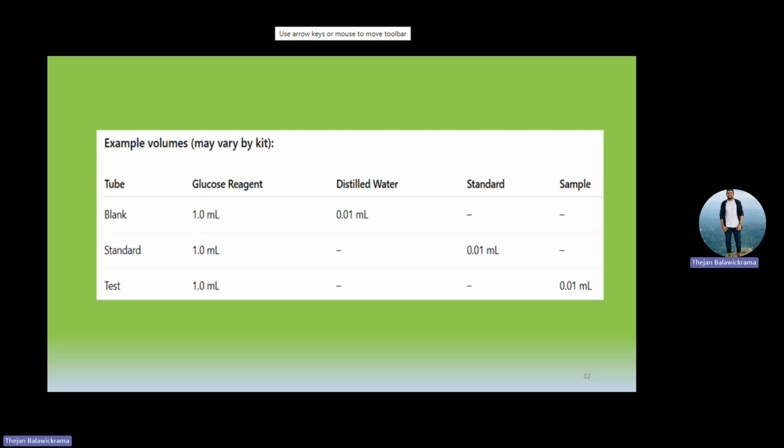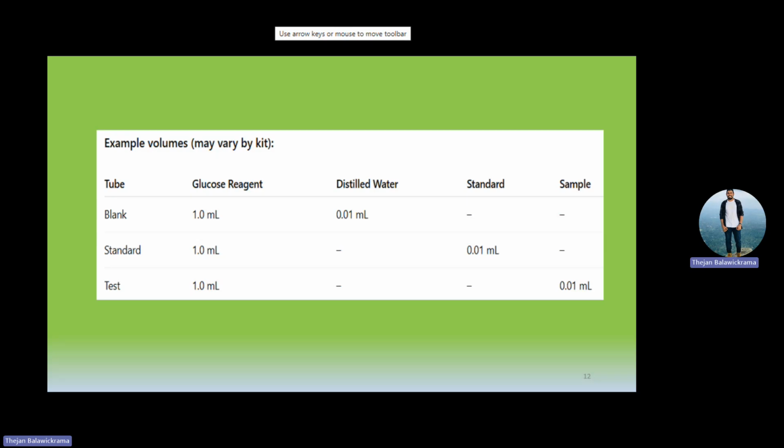Let's say that you hand over your blood sample to the lab. In one test tube, we have glucose reagent and distilled water, that's the blank solution.